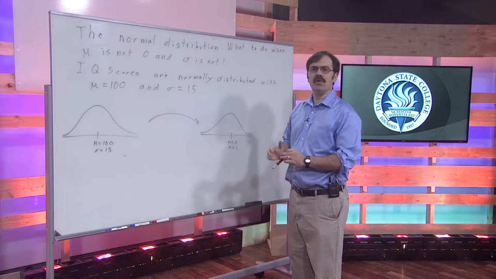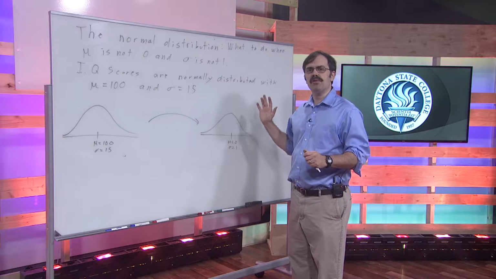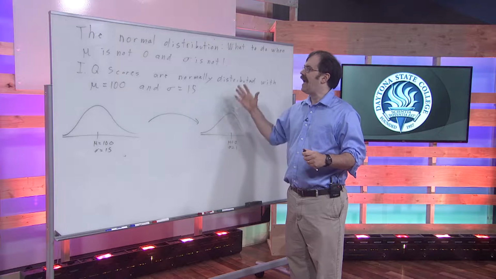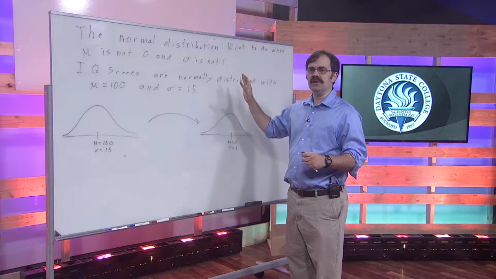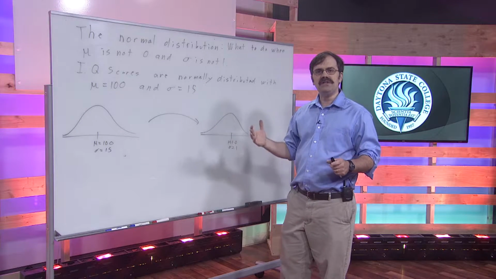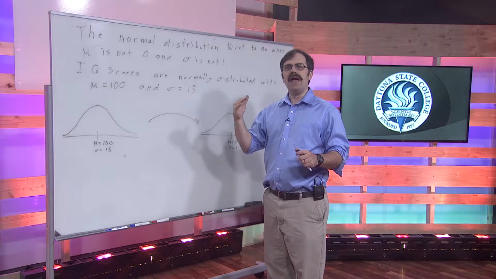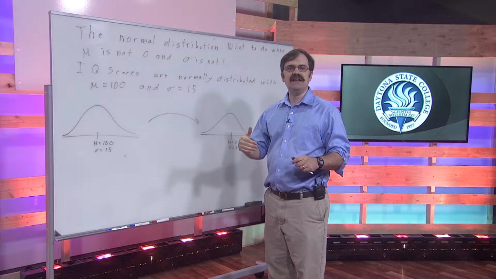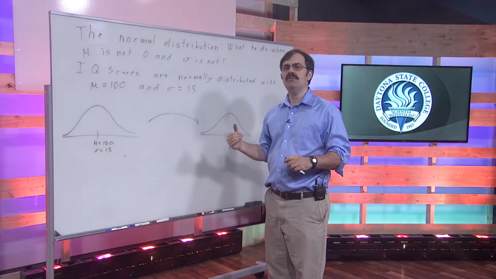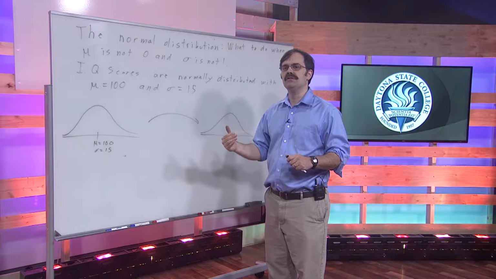So now what we're going to do is take some of the problems that we just talked about in terms of looking at the standard normal distribution and take them a step further. Most things in the real world don't have a mean of 0 and a standard deviation of 1, like the examples we were seeing when we were talking about the standard normal distribution.